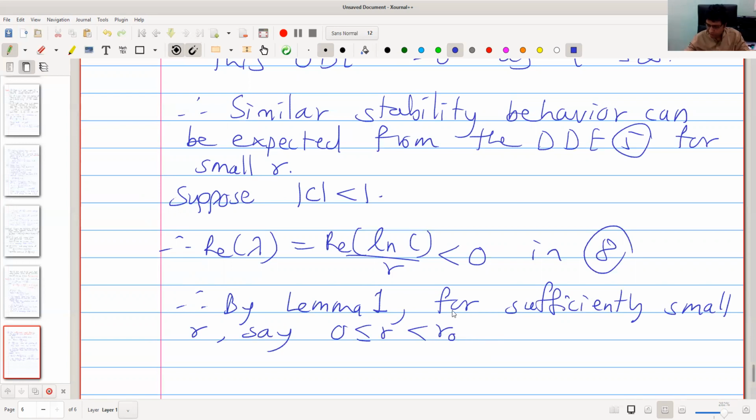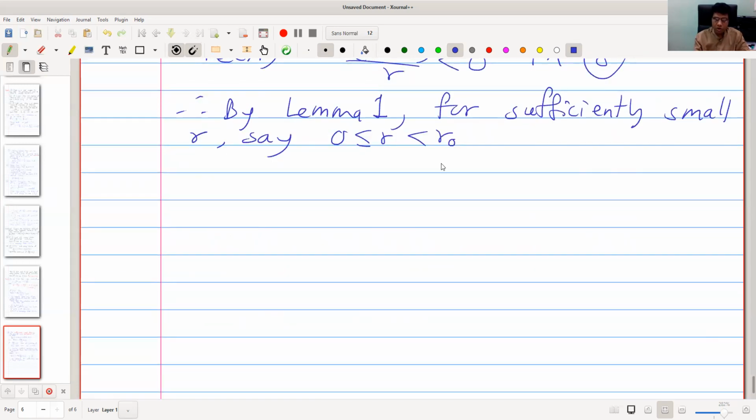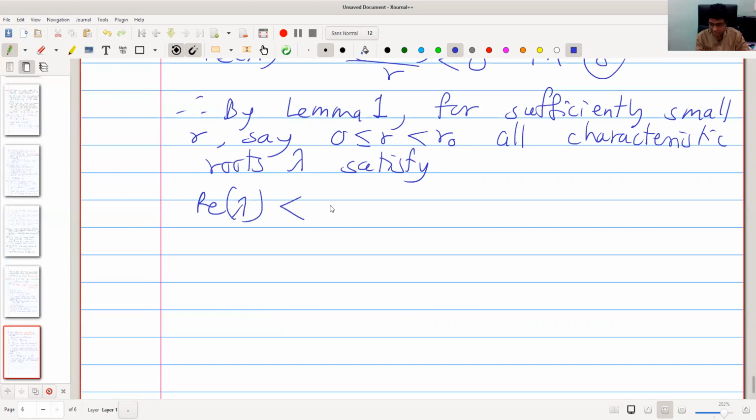All characteristic roots lambda satisfy real part of lambda less than minus delta less than 0.